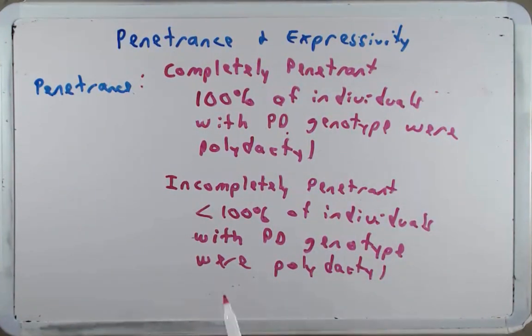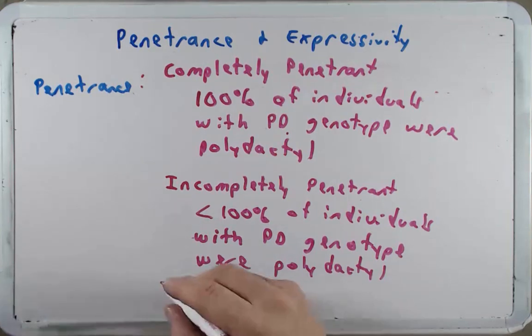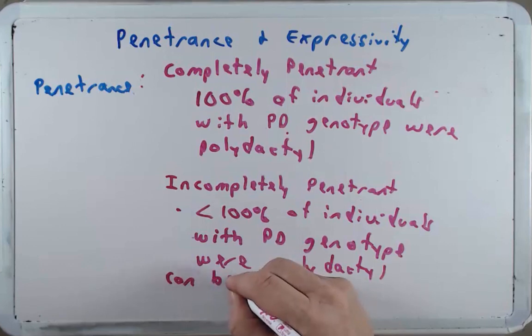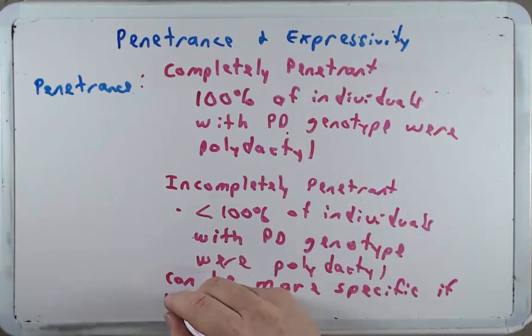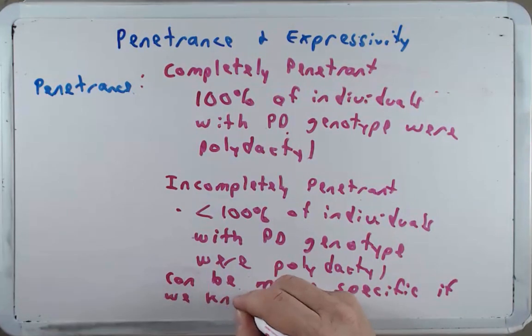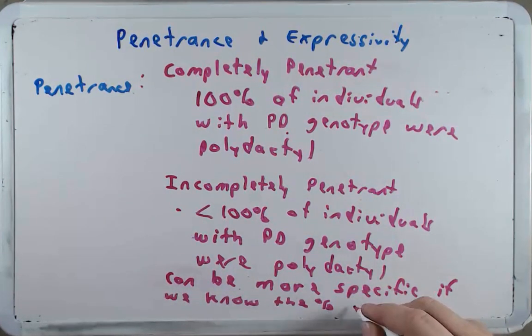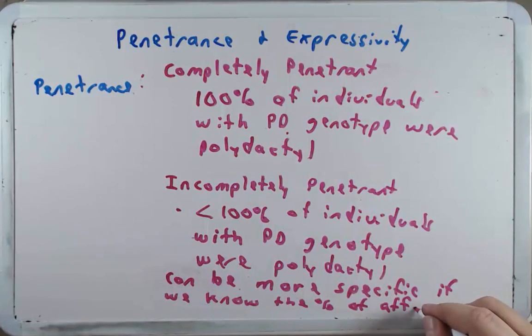Now, we can often be more specific than this. So if we said 40% of the individuals with the PD genotype were polydactyly, then we could say it's 40% penetrant. So let's write that down here. Can be more specific if we know the percent of affected individuals.